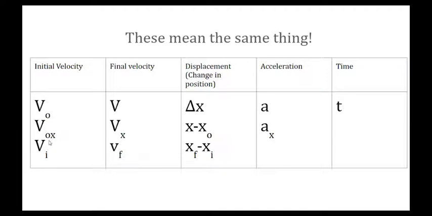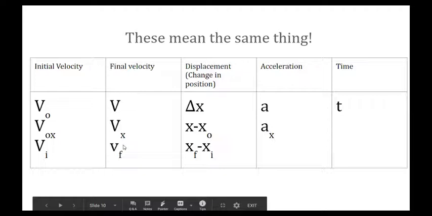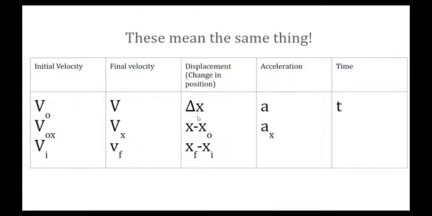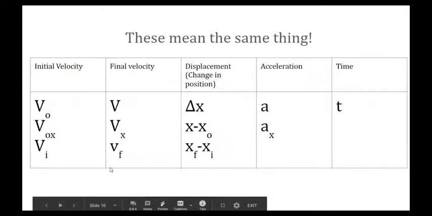Notice it's missing the o's because it's not at time 0, it's some other time, or just vf. Displacement, or change in position, is going to be delta x, or x minus x naught, or x final minus x initial. Acceleration is just going to be a with the x or without, and then time is not going to have an x or a y. It's just going to be time. But these all mean the same thing.